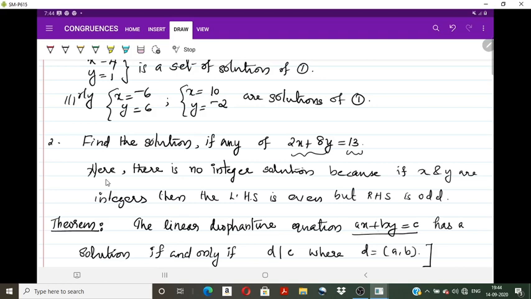That means the integers multiplied with the variables x and y, the coefficients of x and y. So if GCD of a and b equal to d, and if d divides c, then this equation has integer solutions.